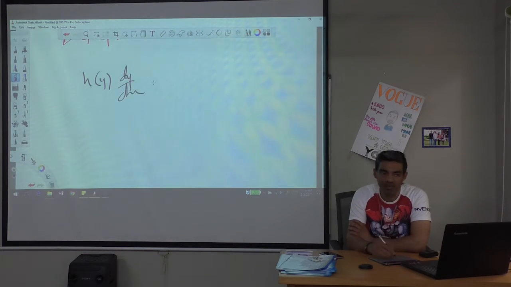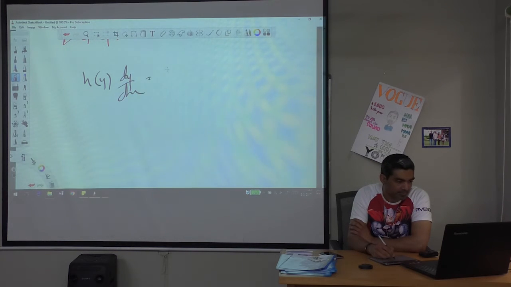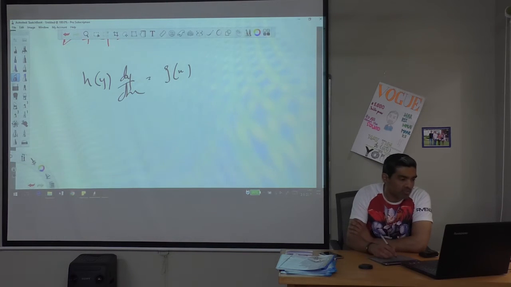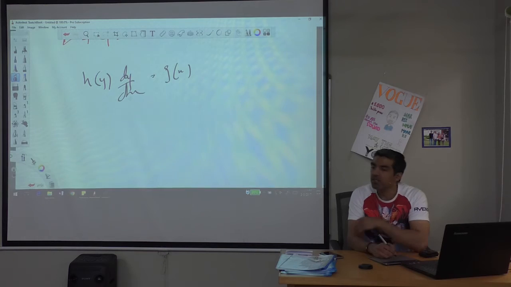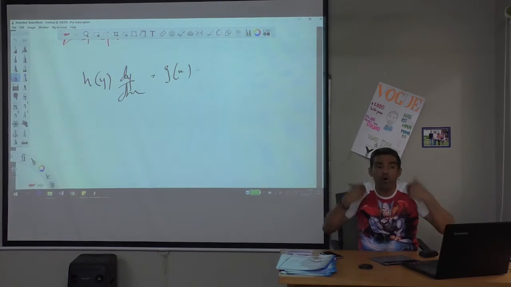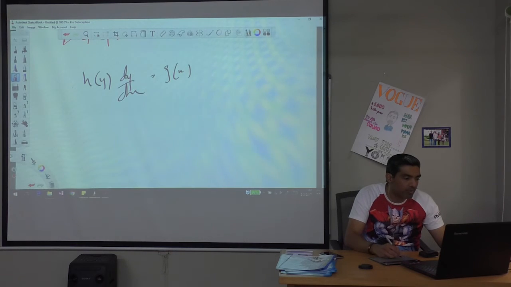Let's say I don't split the dy by dx, I just separate the variables. Now basically this is what I have. From this point on, you can think of splitting the dx and the dy and then integrating, or you can think of it as differentiating with respect to x on both sides.